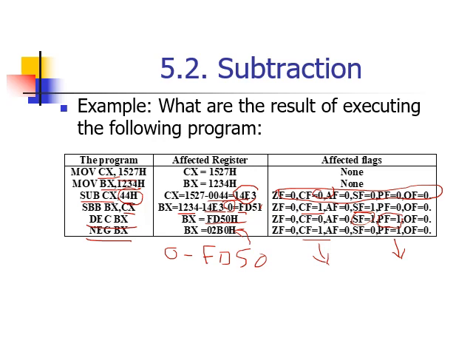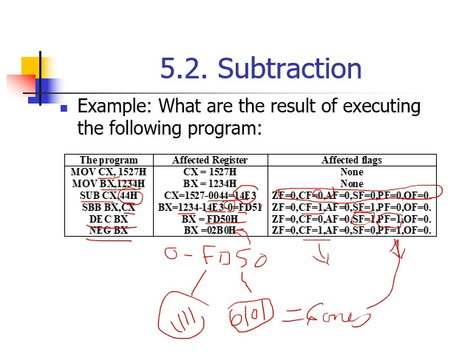Even number because 5 had 2 ones, and if 4 ones, all in all you have 6 ones. This is why the parity flag bit is set. Okay.